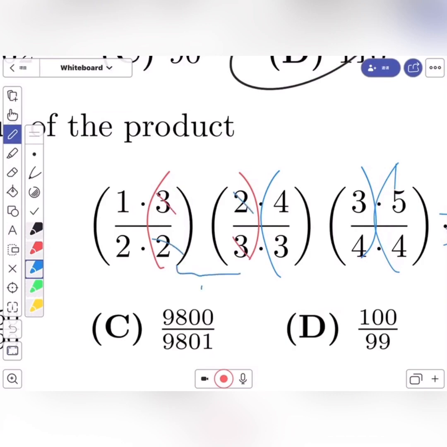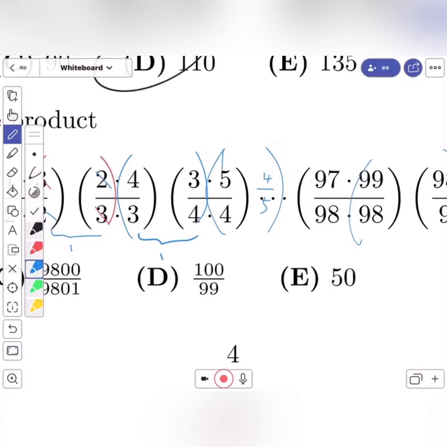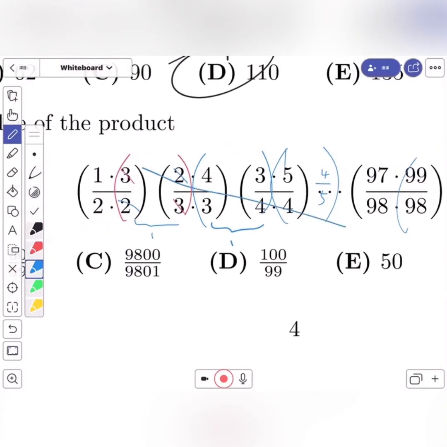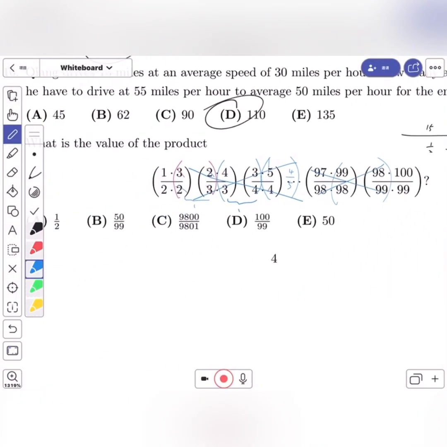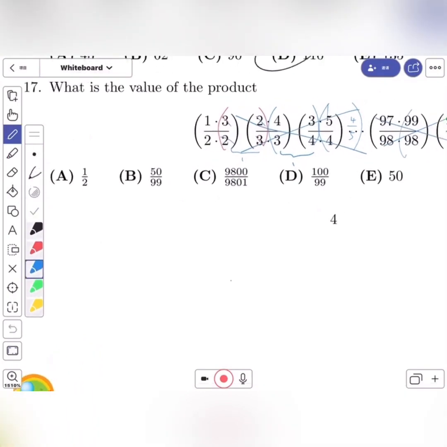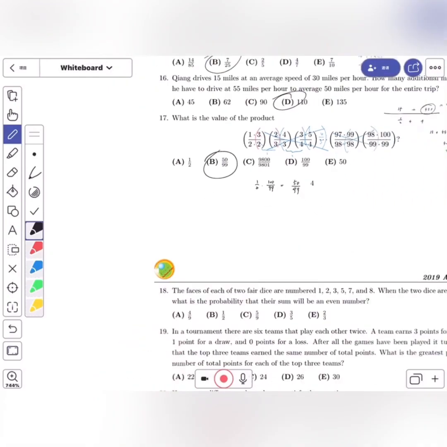These are just a bunch of ones multiplied together, which would just give the same value. So we don't even care about anything in the middle. It basically boils down to 1/2 times 100 over 99, which is 50 over 99, giving us answer choice B.